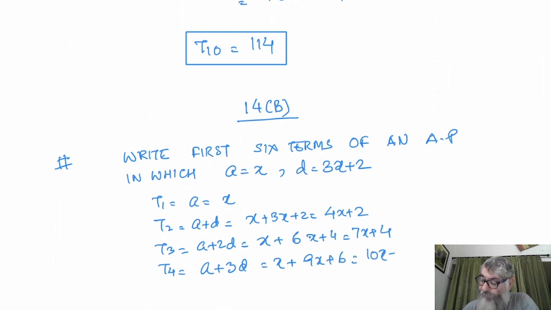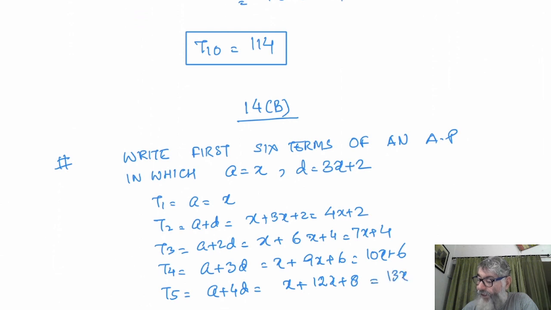T5 will be A plus 4D, that is x plus 12x plus 8, so 13x plus 8. T6 will be A plus 5D, so x plus 15x plus 10, that is 16x plus 10. So we have got the first 6 terms.